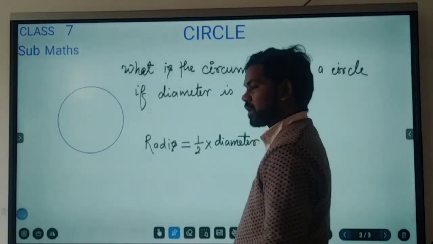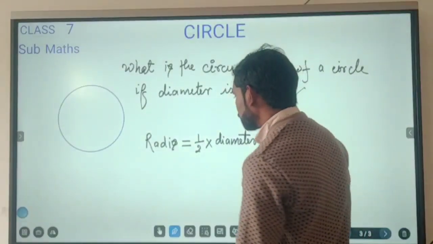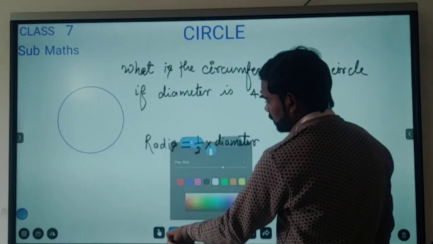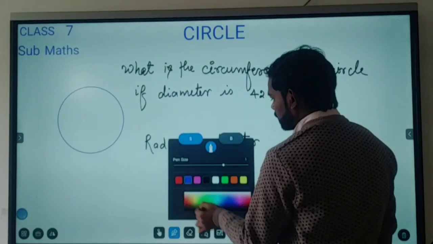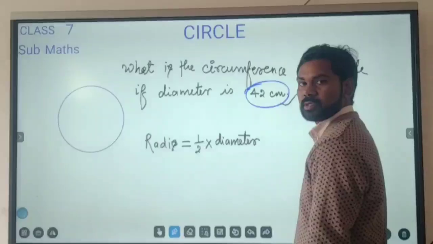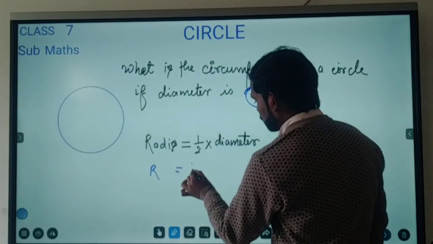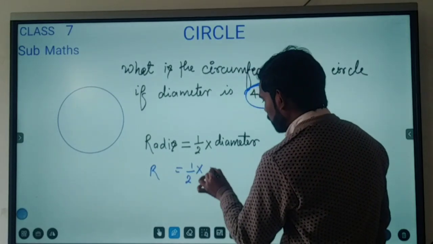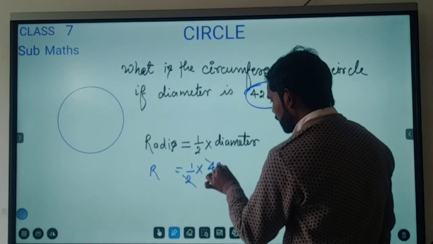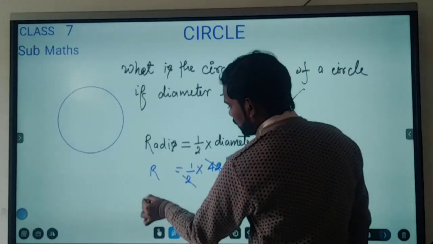The diameter is given as 42 centimeter. Therefore the radius will be 1 by 2 of 42. 42 divided by 2, we get 21.